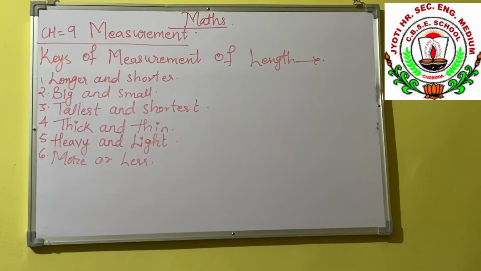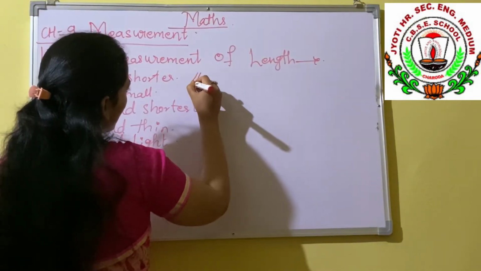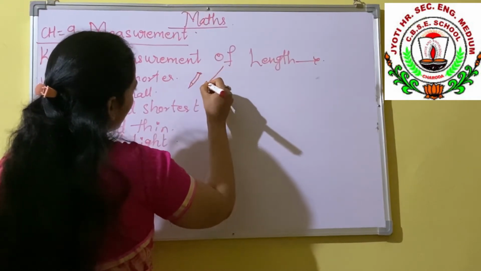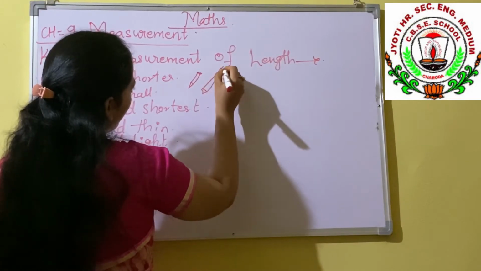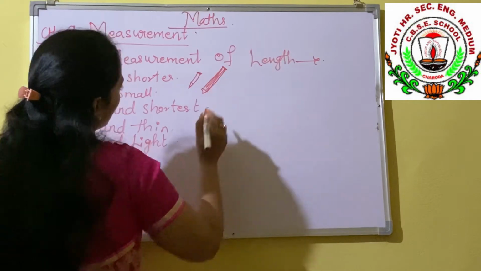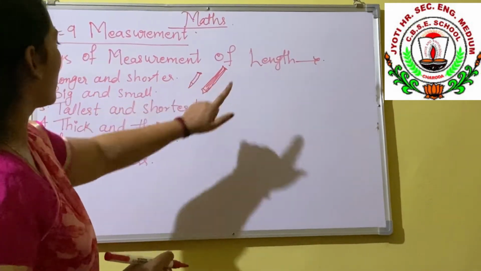Now longer and shorter. If we are having one small pencil and one big pencil, this one is shorter and this one is longer.